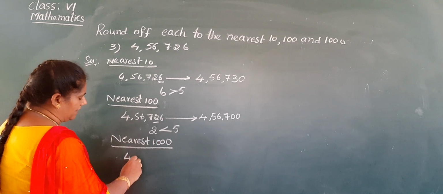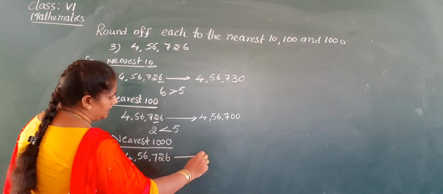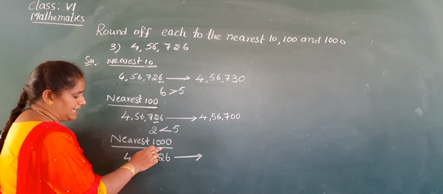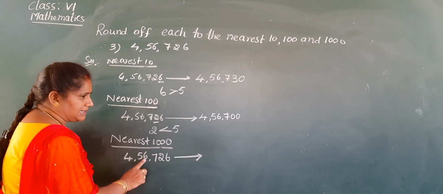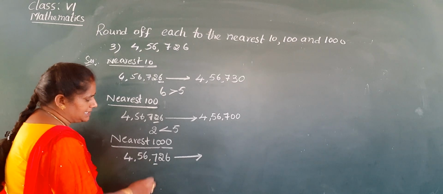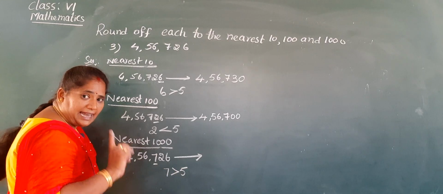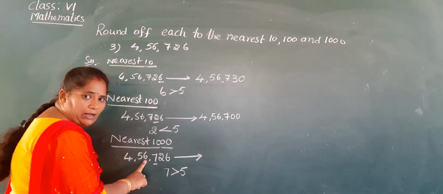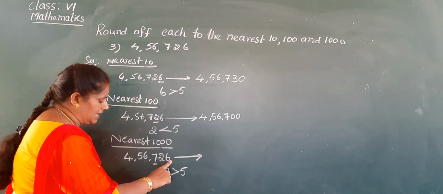Next, nearest 1000. So 4,56,726 is rounded off to the nearest 1000. See the digit to the right side of the thousands place. This is the thousands place. See the digit on the right side. Underline that. What is that? 7. It is greater than 5. Greater than means add 1 to the thousands place and keep zeros in the hundreds, tens and ones.